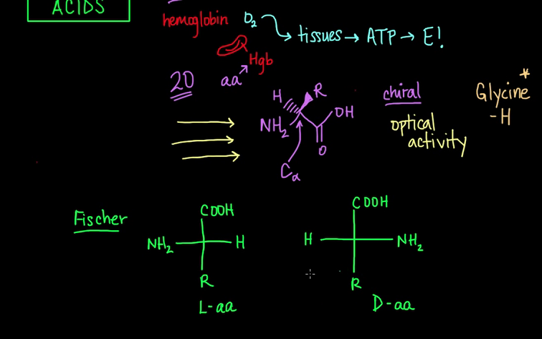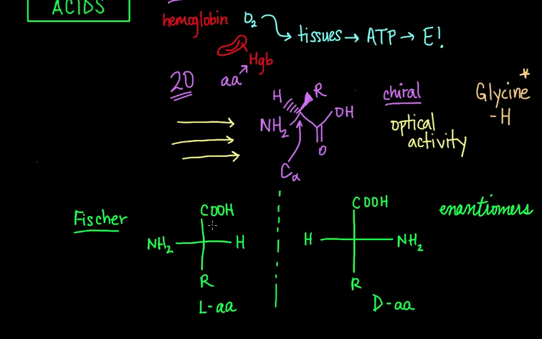And these two configurations are called enantiomers. And enantiomers are mirror image molecules that are not superimposable. So you can picture these are mirror images of each other, but if you were to take this D amino acid and try to superimpose it on the L, you wouldn't be able to do that.